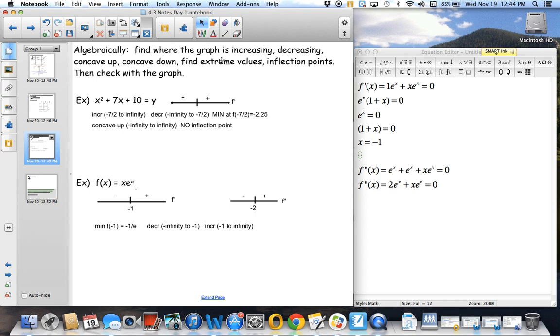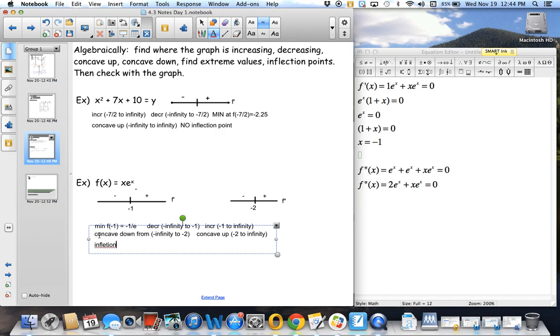Well, if you look at your T-chart, what that means is that our original graph is concave down from -infinity to -2. We're concave up from -2 to infinity. And what that means is that we have an inflection point.